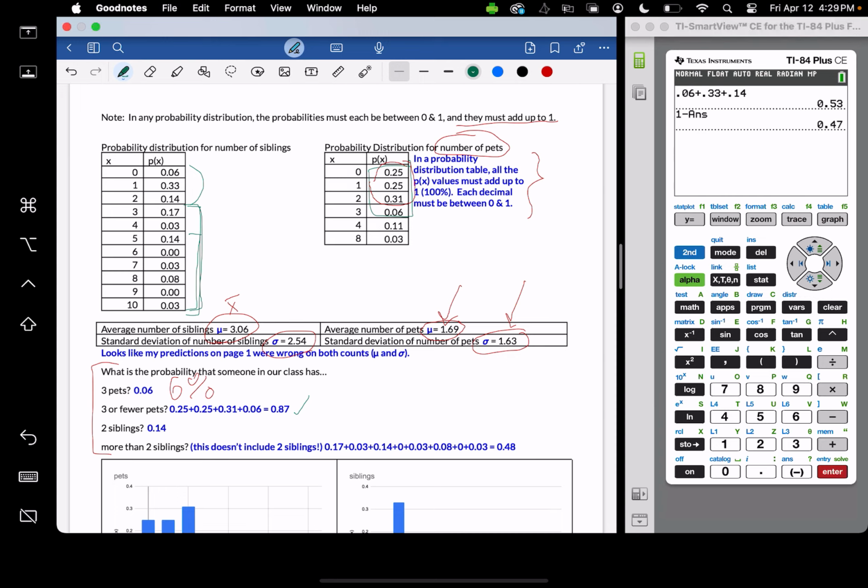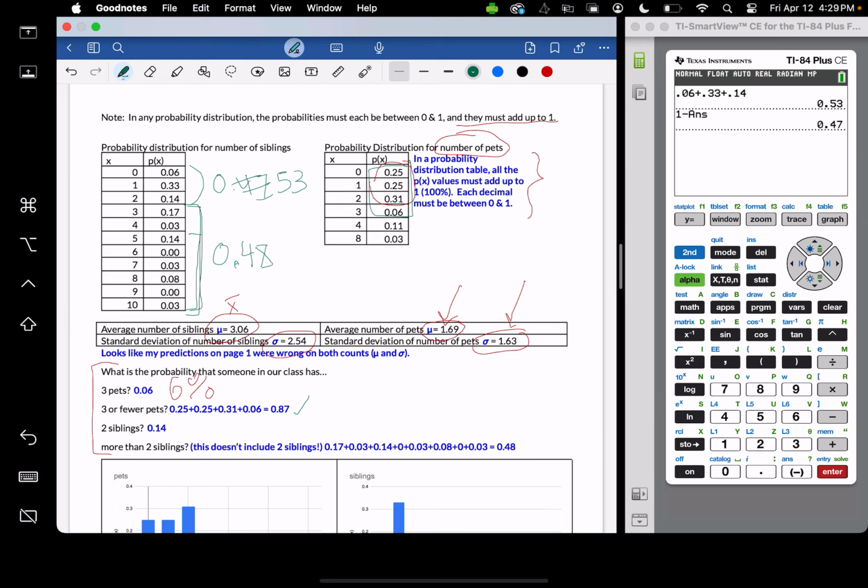So this is 0.47. This is 0.53. This is 0.47 or 0.48, depending on how we work it out. It's pretty close. When we totaled it, it was 0.48.